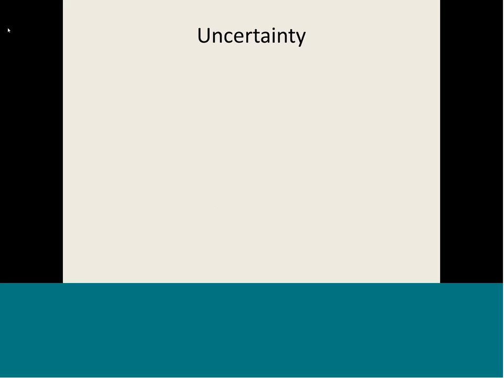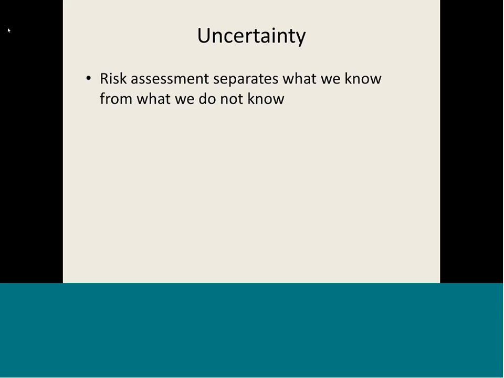If you were to allow me one word to answer your question, why do we do risk assessment in food safety or anywhere else for that matter, my answer would be uncertainty. One of the functions of risk assessment is to separate what we know from what we don't know. We want to get the good science in our assessments, and we want to be honest about the things that we don't know.